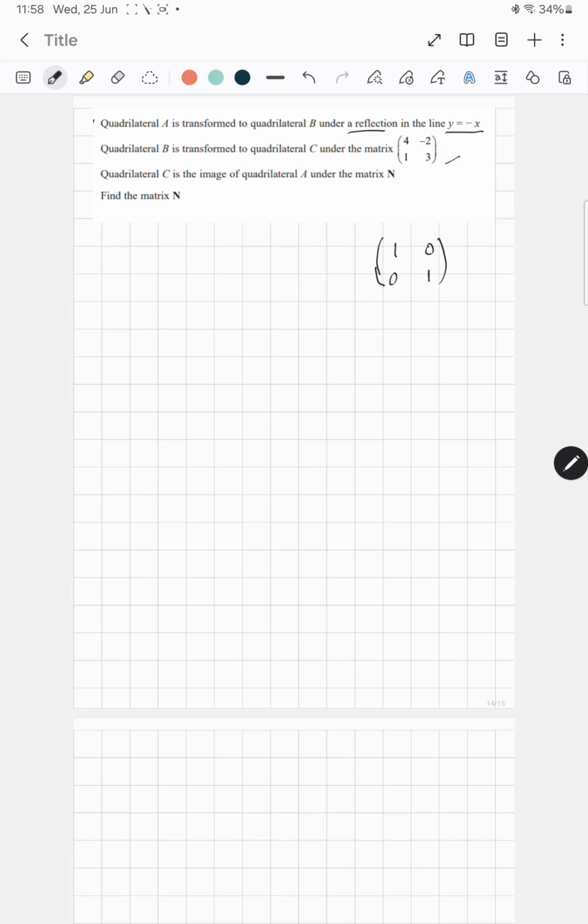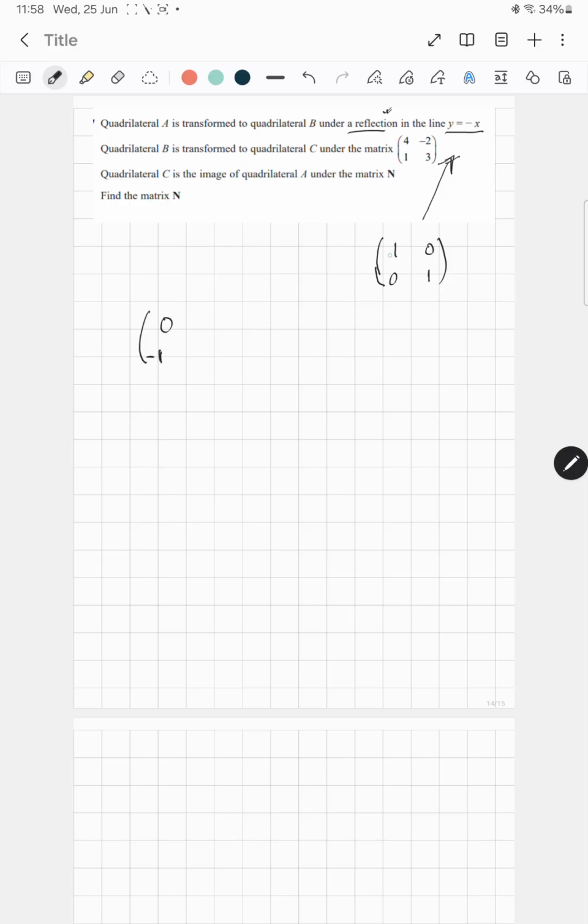Always try to remember this is the basic vector matrix. Now if you want to convert this matrix with y equal to minus x, what happens for the y equal to minus x reflection? Coordinates will interchange and the signs will be changed.